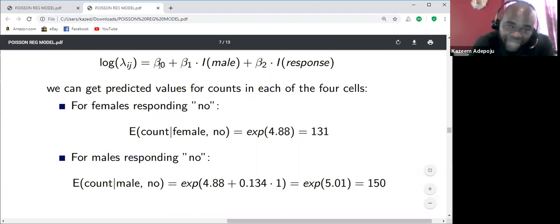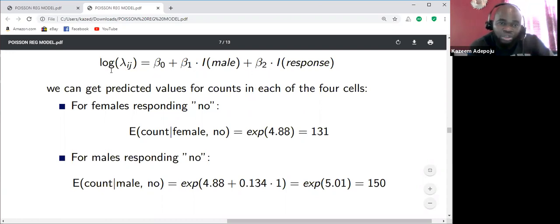Why do I get that? Because this one equals 0 and this one equals 0, so the whole thing is 0 here.